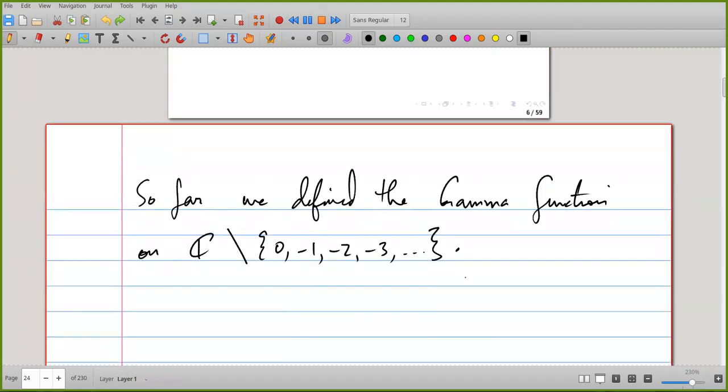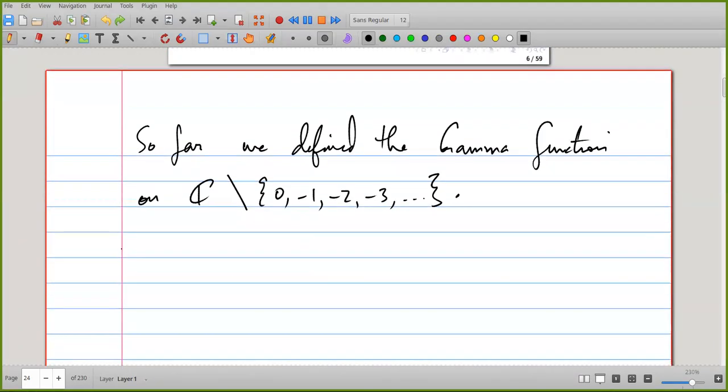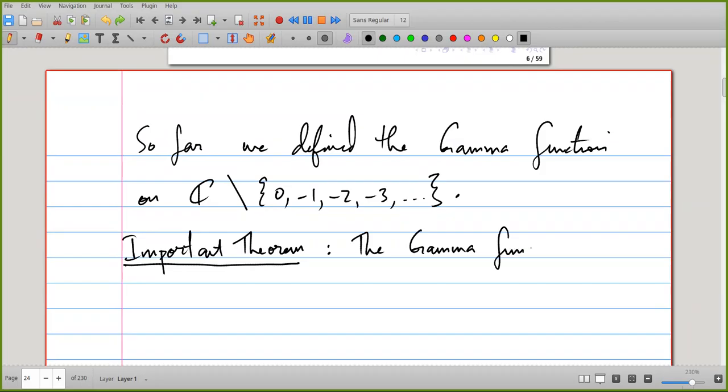An important theorem: the gamma function does not vanish, it is never 0.